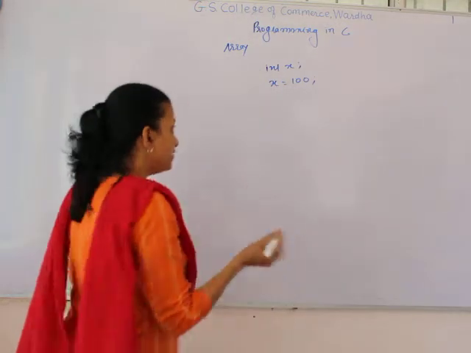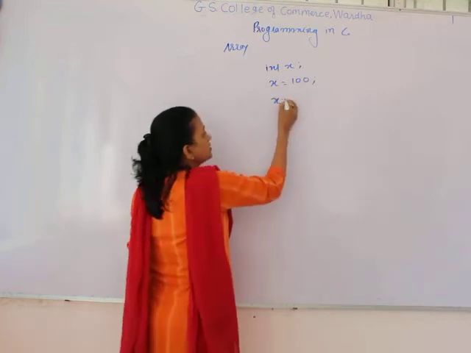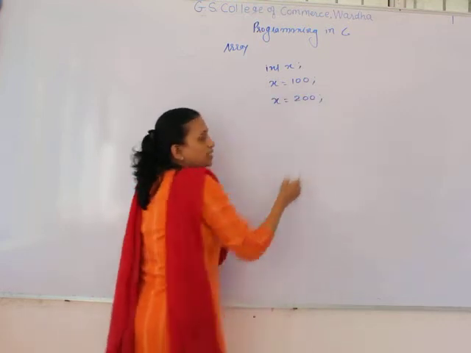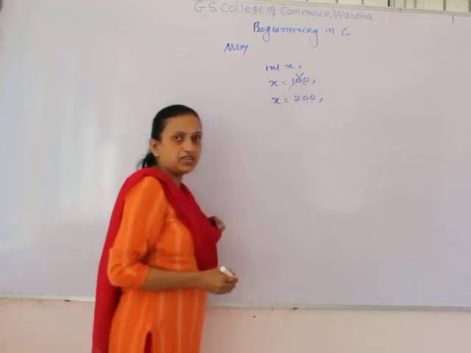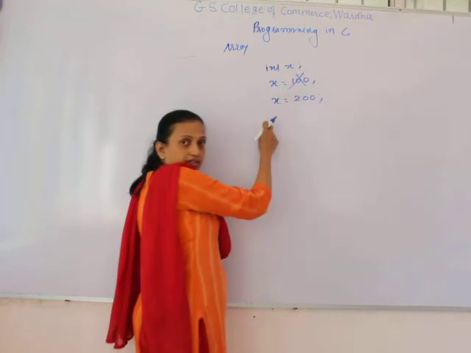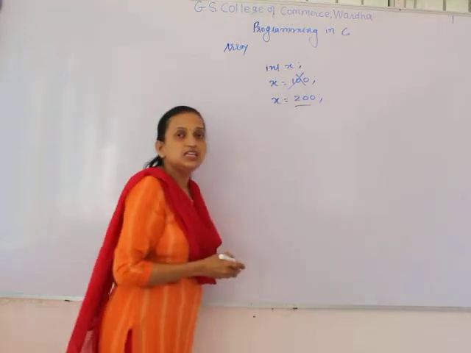If you want to store another value into x, suppose again you want to store 200 into x, what will happen? The first value will be flushed out from the memory and in that memory address the new value will be stored.